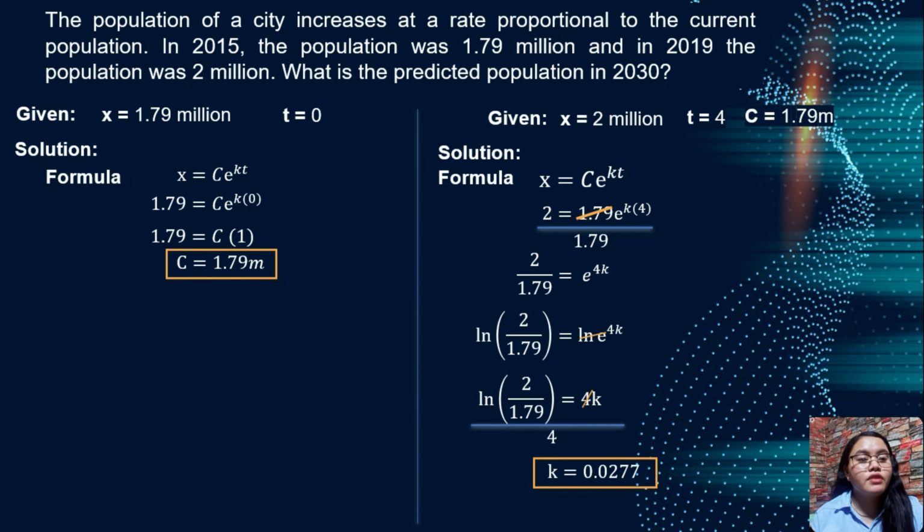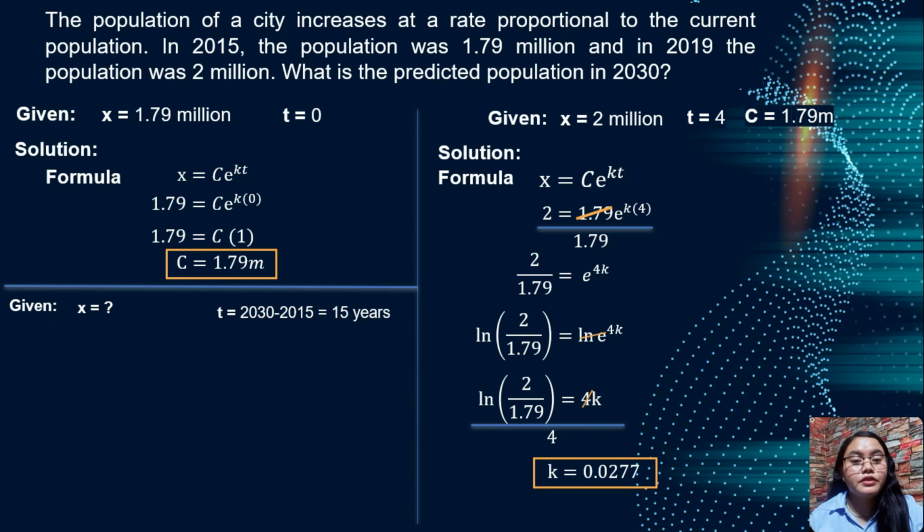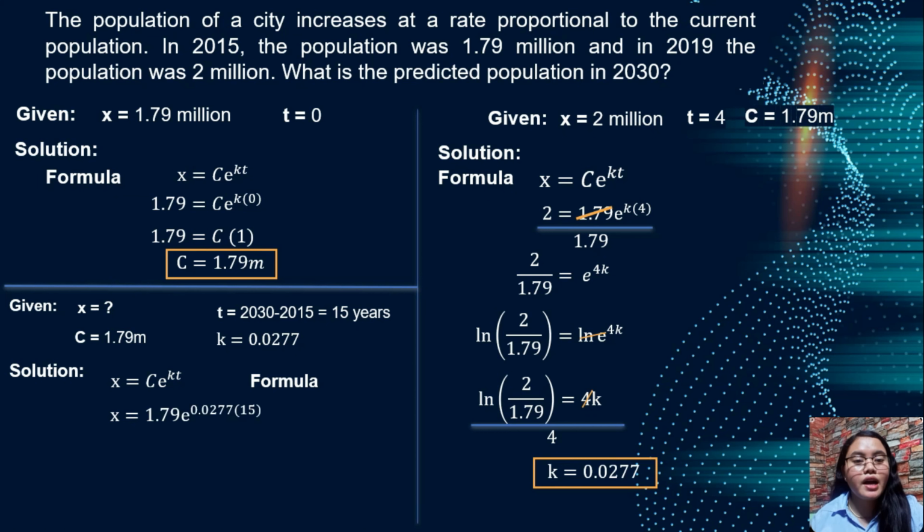And since we already have the values of c and k, we will now go to the main problem of the given question. So we will identify again the given values. We have x as our unknown and t as 15 years, since 2030 minus 2015 is 15 years, and c is 1.79. So using the formula we have, we will plug in all the values.